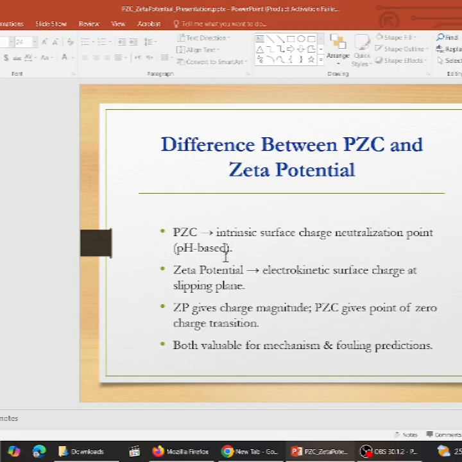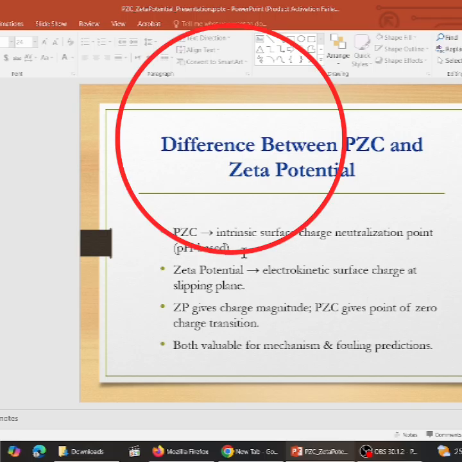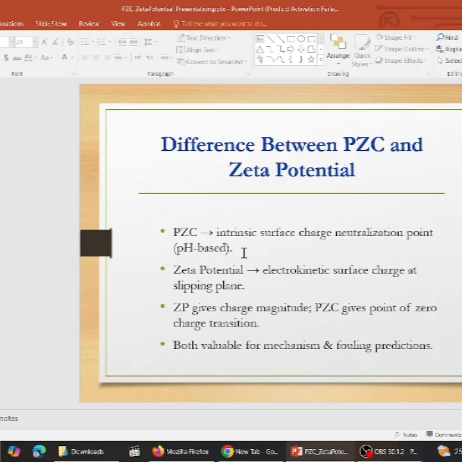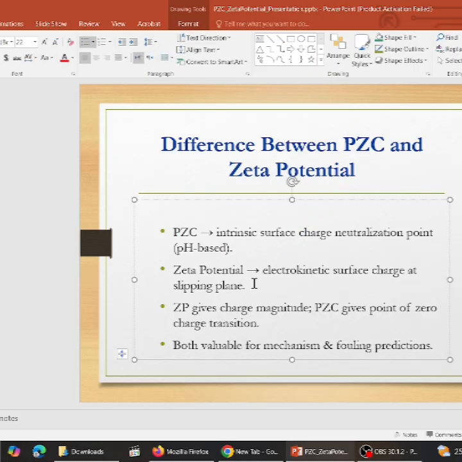The difference is that point of zero charge tells you the intrinsic surface charge neutralization point, which is pH dependent, while zeta potential tells you the electrokinetic surface charge at the slipping plane. It also gives you the charge magnitude.